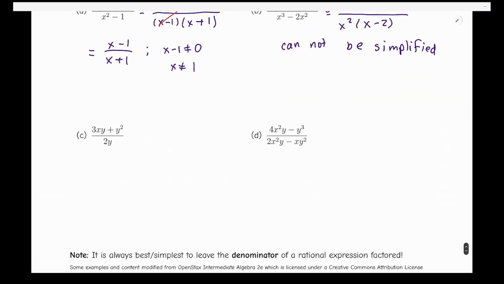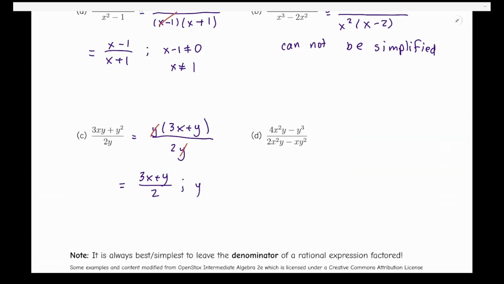Part C, 3xy plus y squared over 2y. You can factor a y out of the top and get y times 3x plus y over 2y. The y's will cancel out, and we're left with 3x plus y over 2 when y does not equal 0.